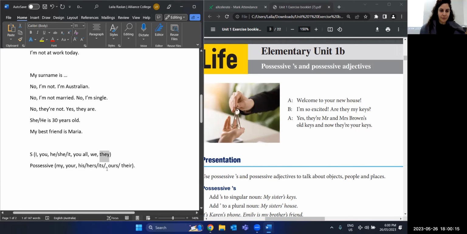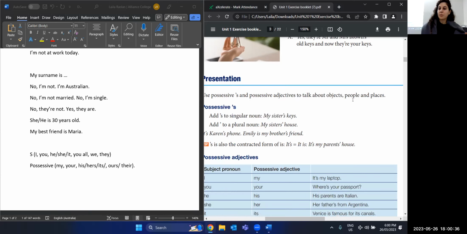But if it was, you know, are these his keys? That would be different. Yes, they're Mr. and Mrs. Brown's old keys. So they're contraction, and now they're your keys. So we use this, the possessive, to talk about objects, people, and places.